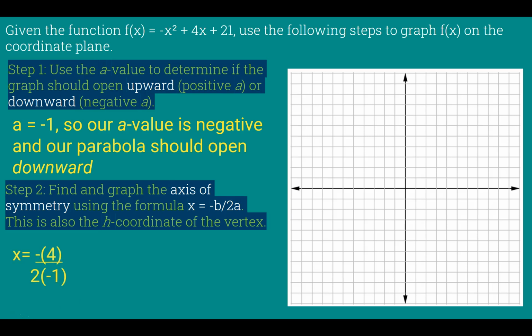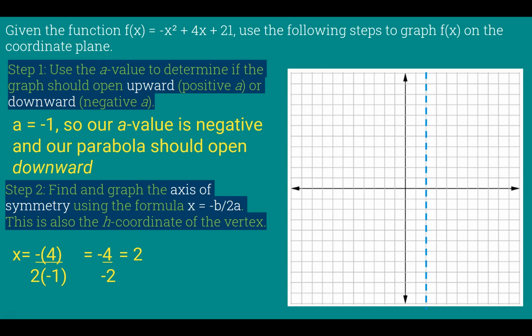What's 2 times negative 1? Negative 2. So where is my vertex going to be this time? At positive 2 again. So the line splitting our parabola in half is X equals 2.